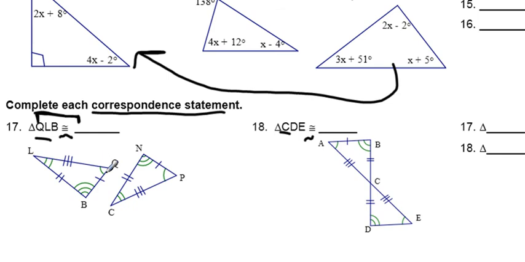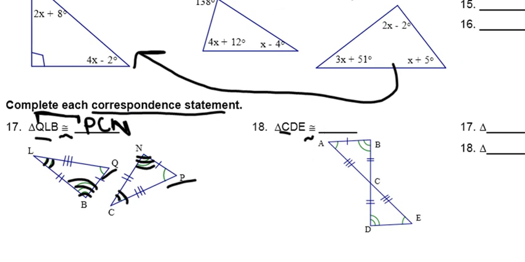So angle Q has one arc next to it. It's going to match up in the same position as P, because P has one arc. L has 2 arcs, so it's going to go in the same position as C. And B has 3 arcs, so it goes in the same position as N, 3 arcs.